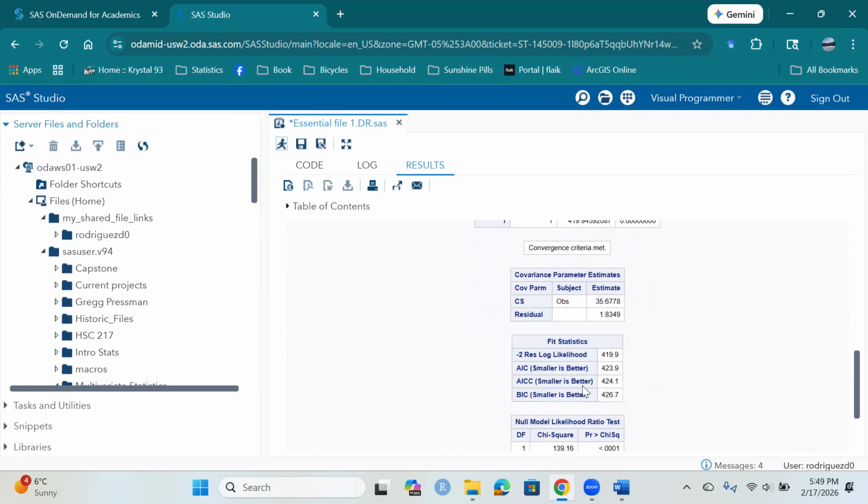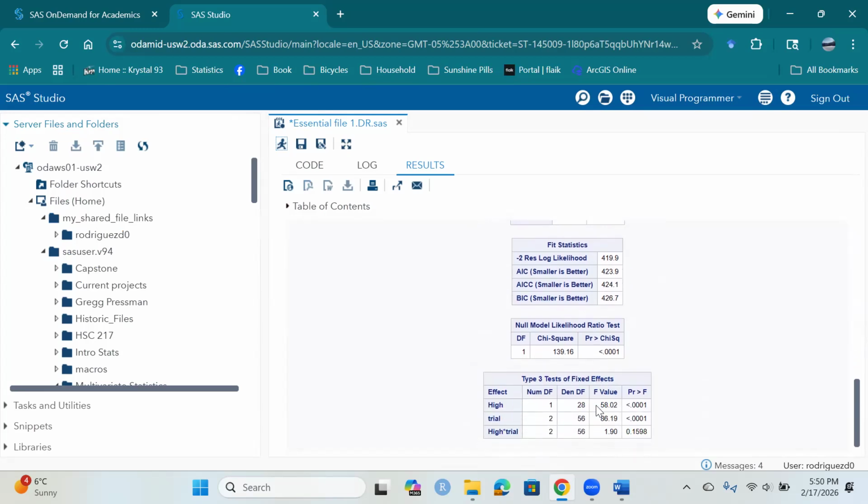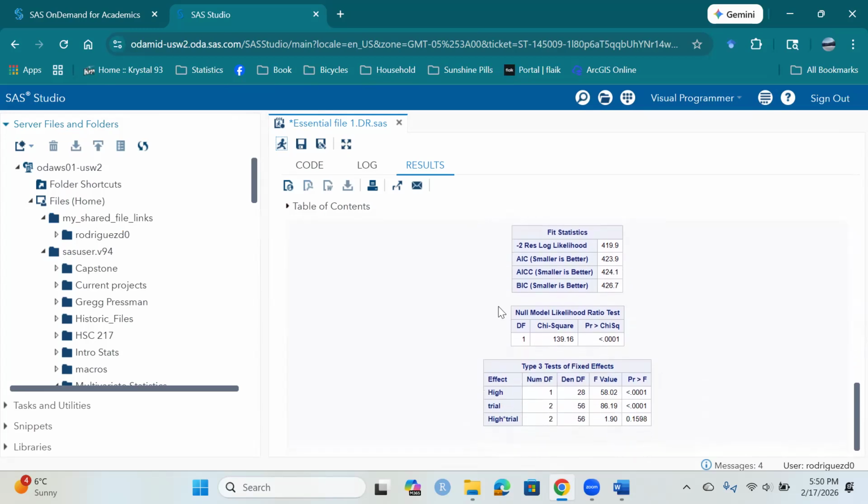Smaller is better, but really they're only useful when we're comparing models. So this is one model; we'd have to compare it to the other. If we compare two models and one model has a smaller BIC, we say this model is superior to the other model. So this is something totally new that we have to deal with. And we also have this likelihood ratio test, which follows a chi-square distribution. And what do we have in terms of our effects?